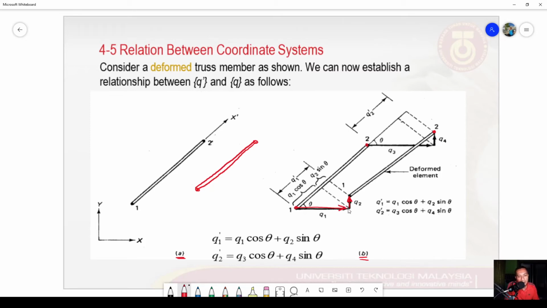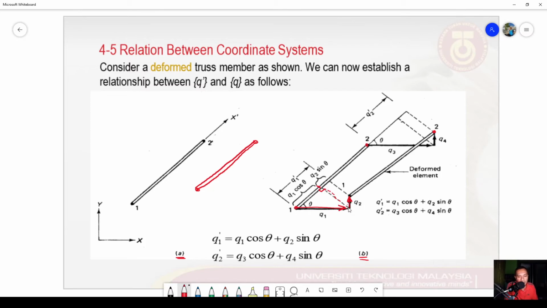So if we project this displacement Q1 onto the structure in the initial condition, then we will find that this displacement Q1 is equivalent to Q1 cos theta. So this refers to this small portion of the displacement contributed from Q1.